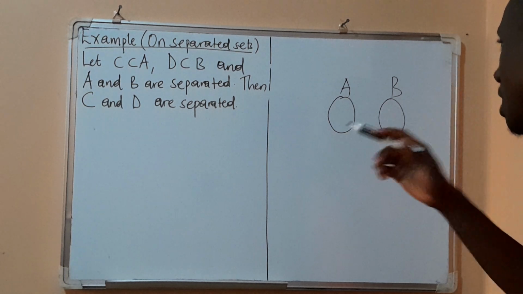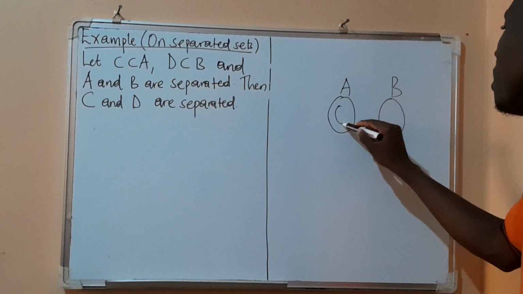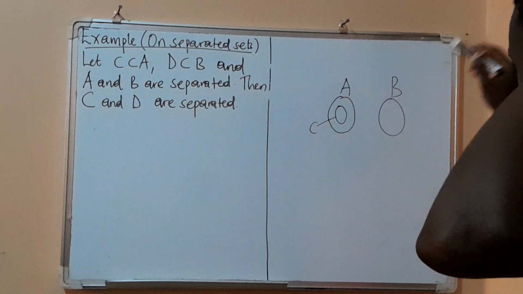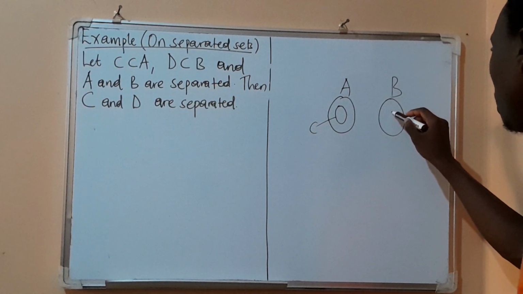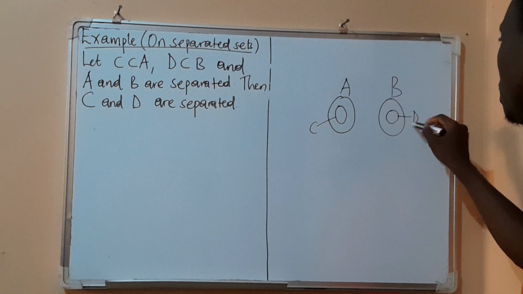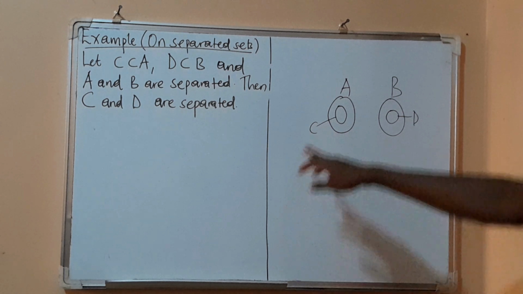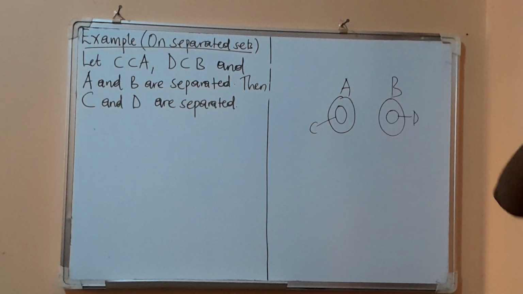So C is in A, and D is also in B, D is a subset of B. Then automatically C and D must be separated. We want to show that C and D are separated.